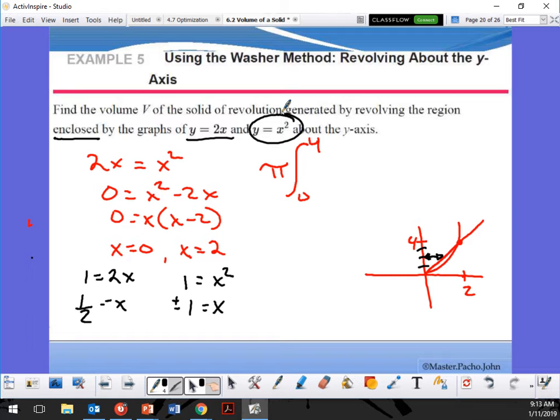I need this in terms of y, so x equals y to the 1/2, minus, since y equals 2x, y over 2. So it's y over 2.